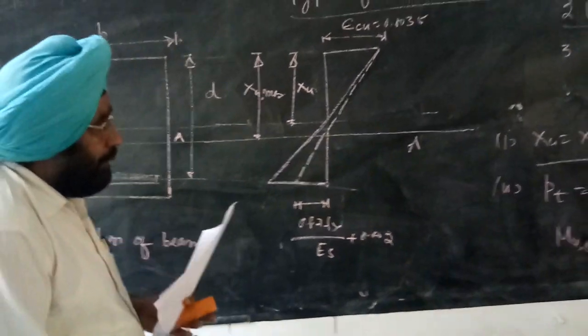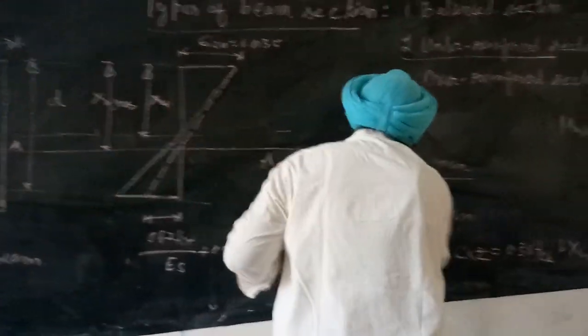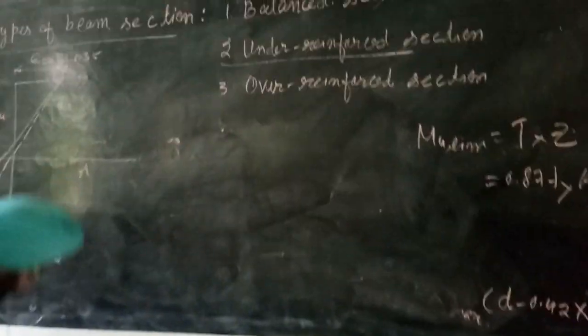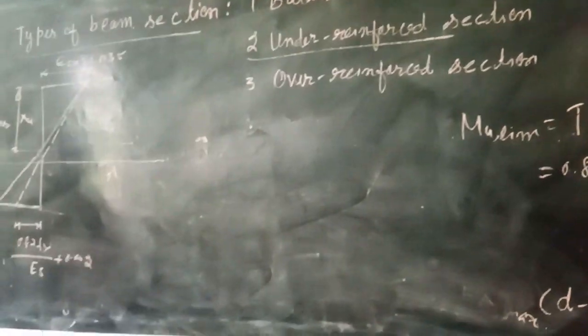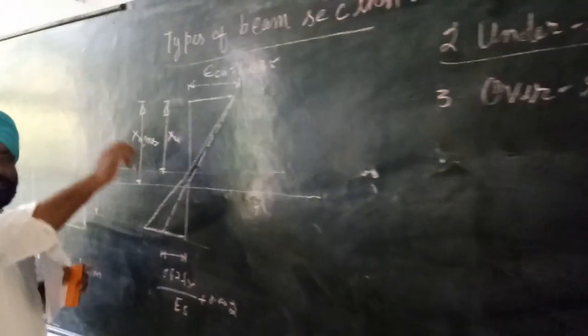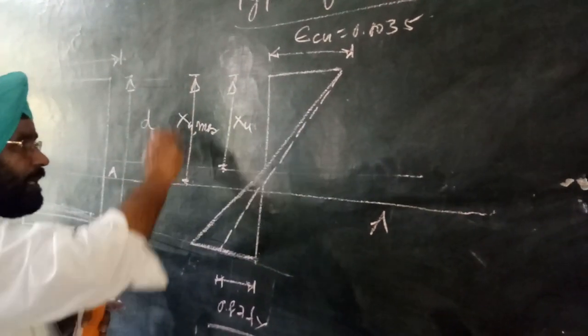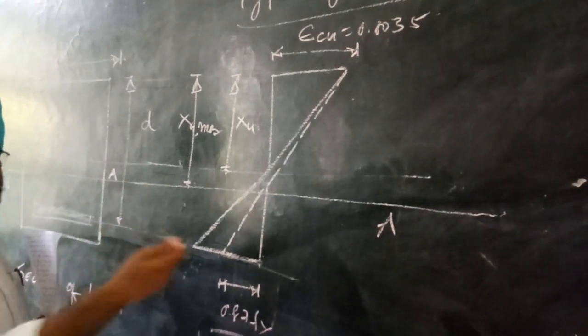So for the under reinforced section, as shown in this figure, xu is less than xu max. This is the actual depth of the neutral axis in under reinforced section. This is the maximum depth of the neutral axis for balanced section.